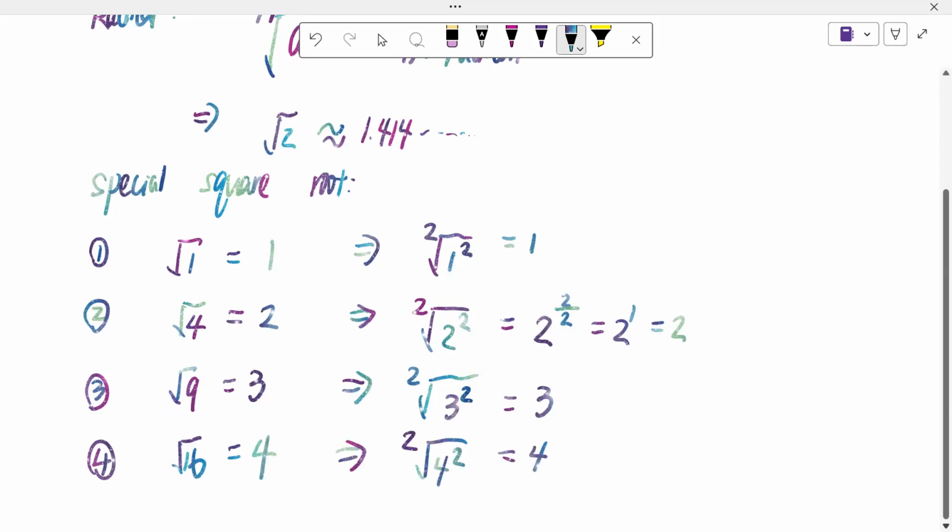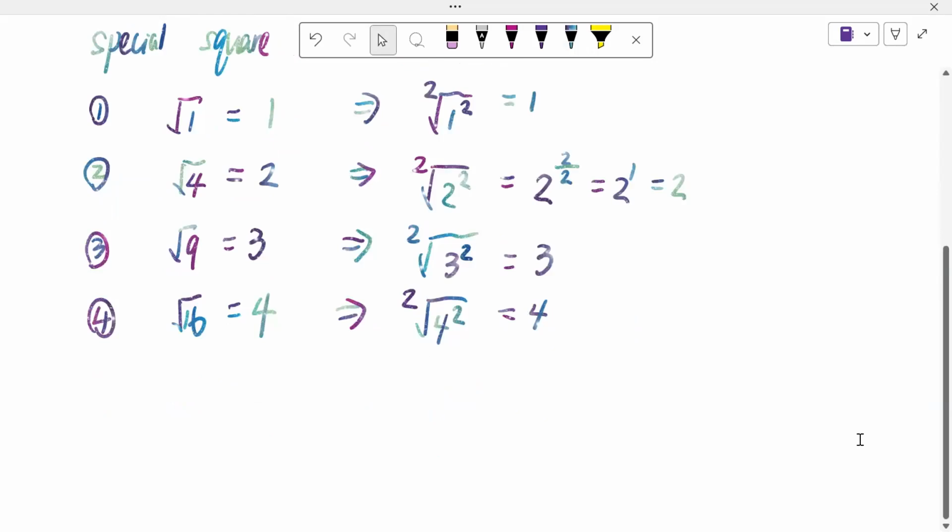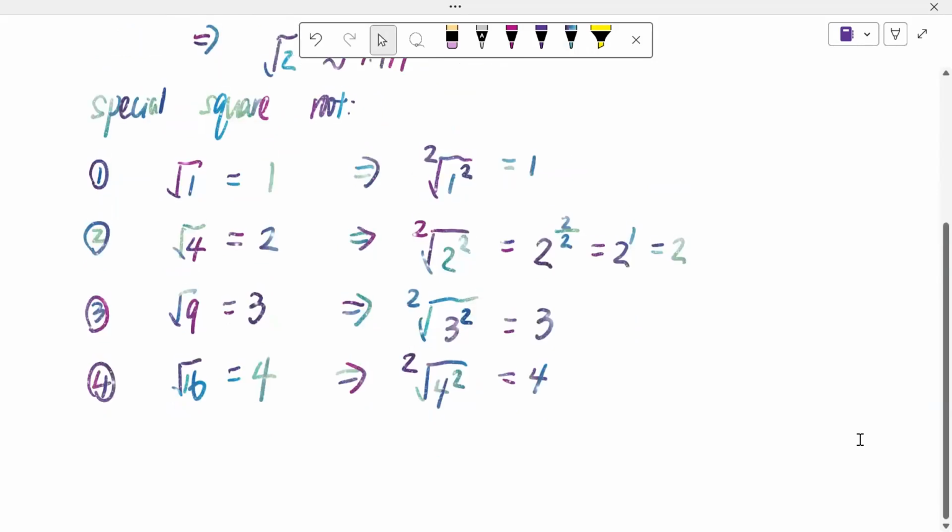So basically, what's the common characteristic of these special square roots, 1, 4, 9, 16? What is the pattern among all those numbers? What do you think? Anybody have a suggestion?